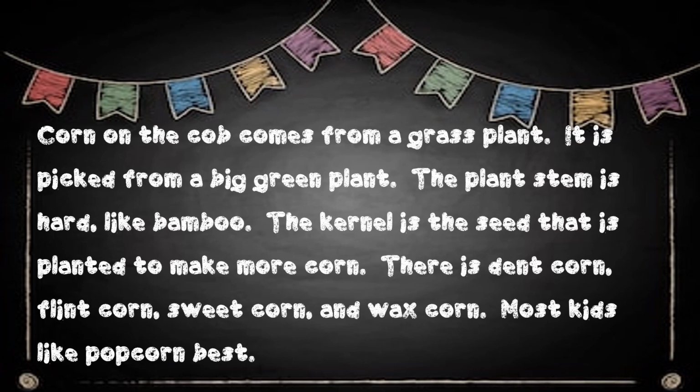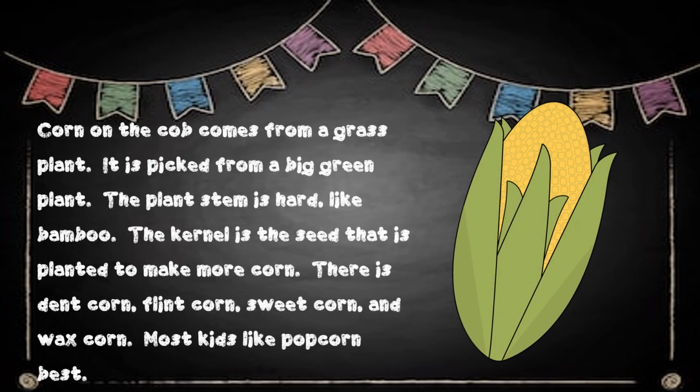To help me figure that out, I usually ask myself 2 questions. My first question is, who or what is the paragraph about? And this one is all about corn. And what about corn? It's telling us different important details we need to know about corn.